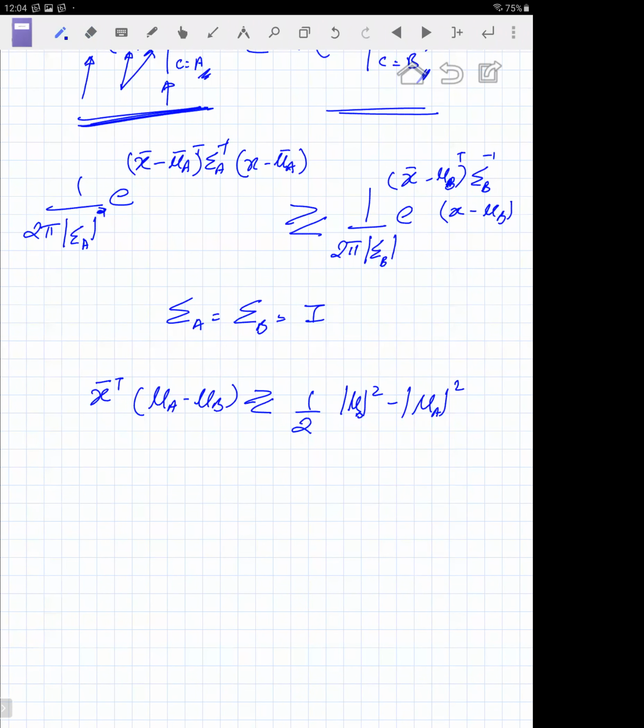What you're doing here is you take your measurement, multiply it by a scaling factor, which is the difference of your means, and threshold it against this particular threshold value, which is the difference of the squares of your mean vectors.